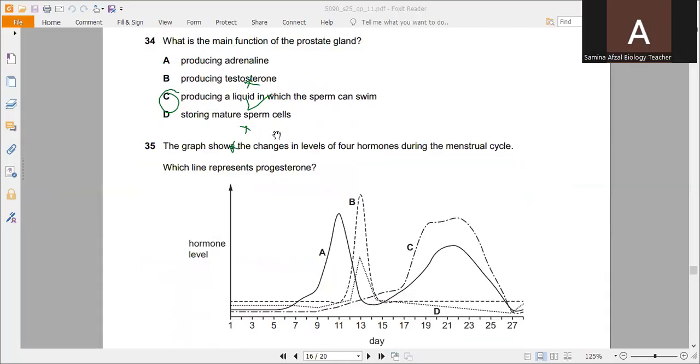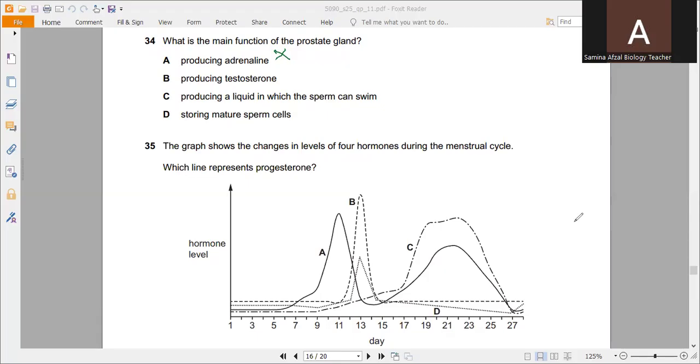Question number 34 is: what is the main function of the prostate gland? The first option is producing adrenaline. Adrenaline is secreted by the adrenal glands.